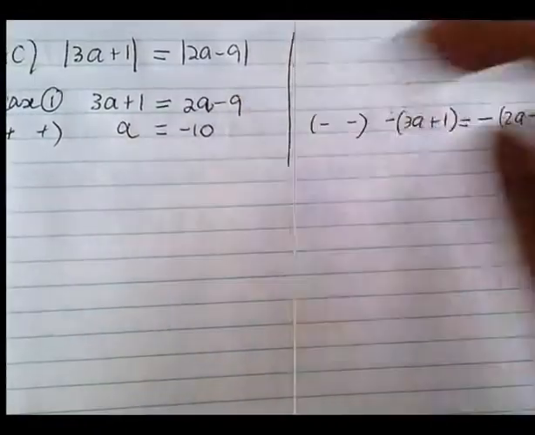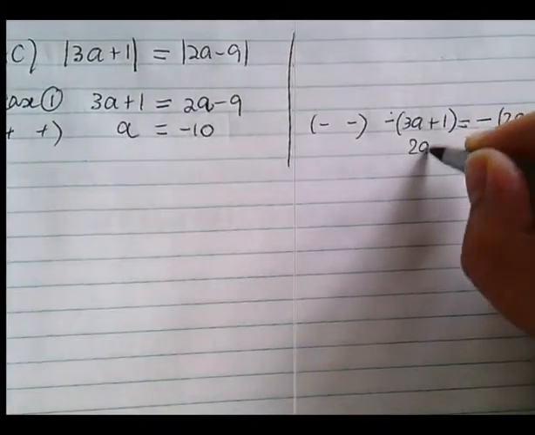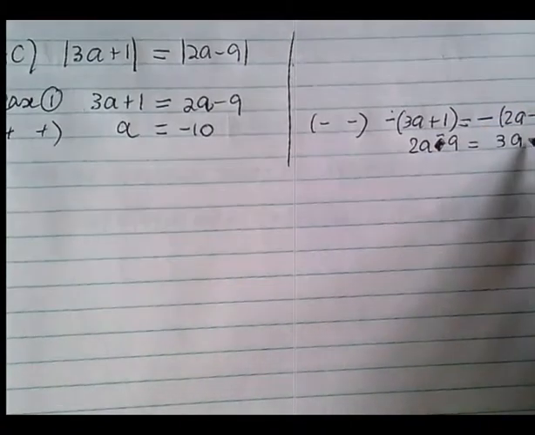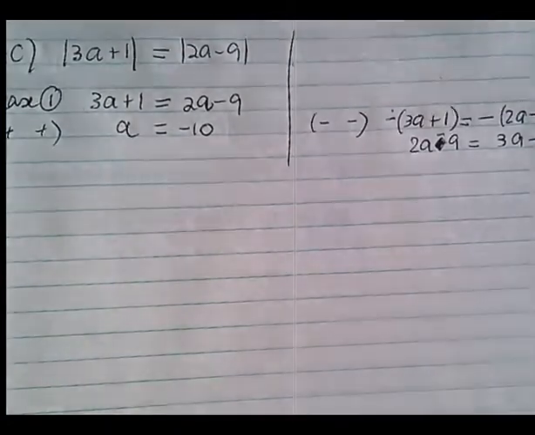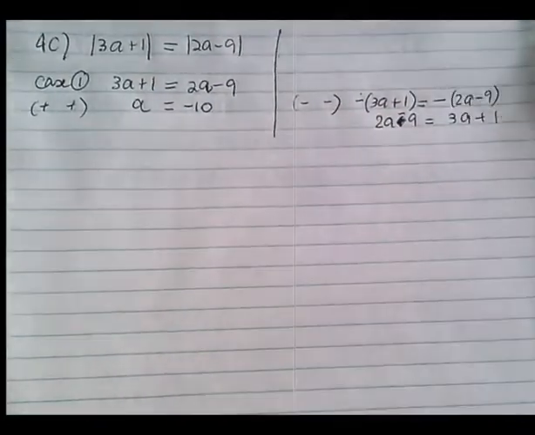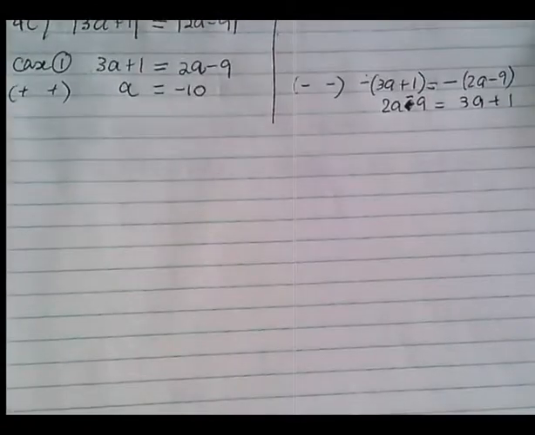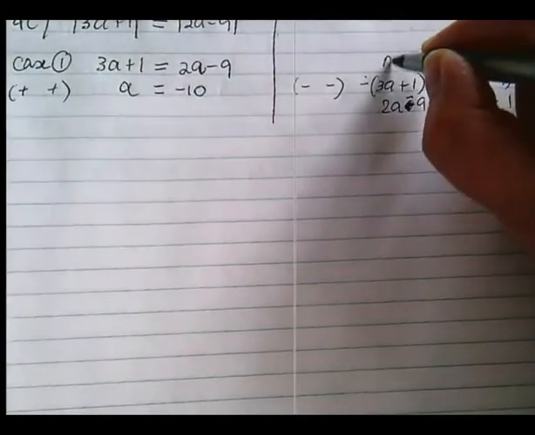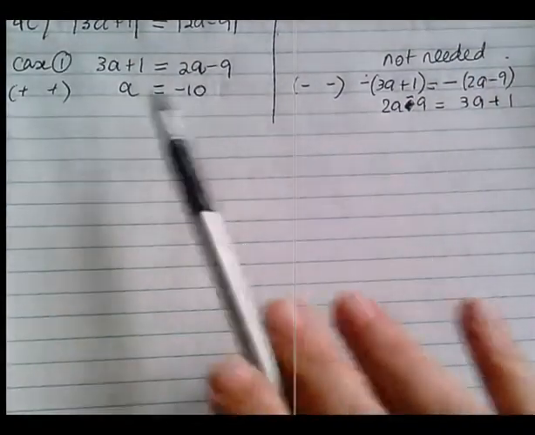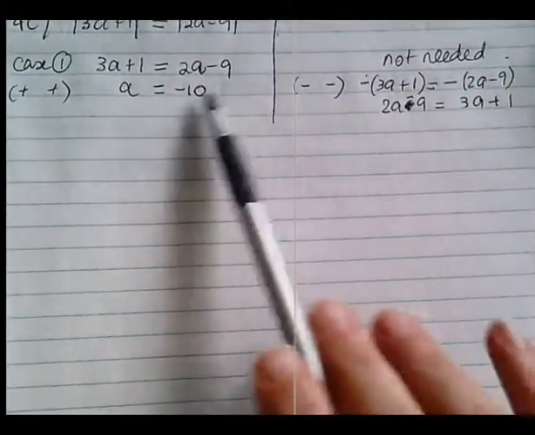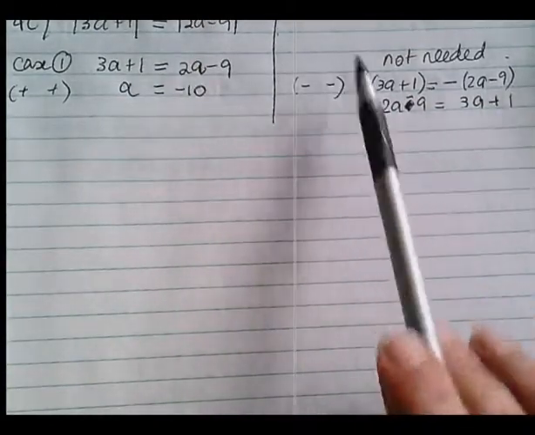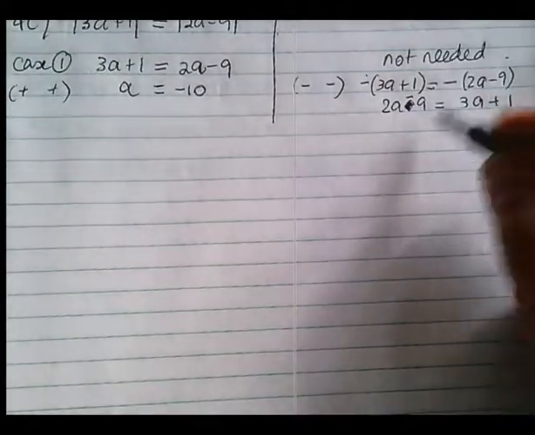And if I just decide to swap, I get 2a minus 9 equals 3a plus 1. It's the same as what I was just doing. So I don't need to do this other minus. Do you get it? This is not needed. It's identical to that. Plus, plus, or if I want to do minus, minus, once I swap sides, they're the same. Not needed, right?